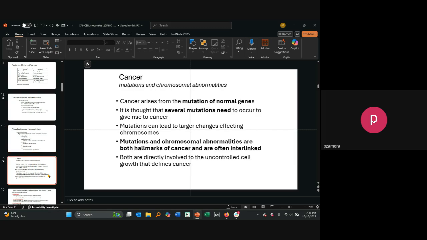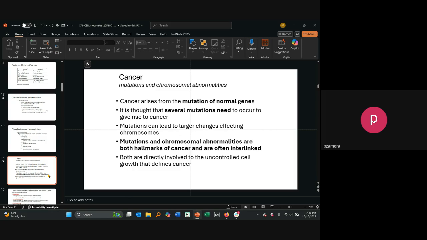I'd like to move on to a new subject now, and that is cancer and their mutations and chromosomal abnormalities. Cancers, as I mentioned, arise from mutations of normal genes. And it is thought widely in the medical community that several mutations are needed to give rise to a cancer.